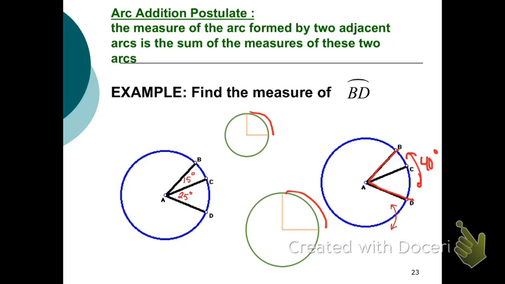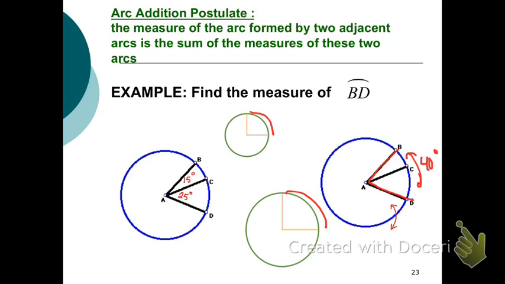Now, one thing to pay attention to when you're talking about the measures of central angles of circles and their respective arcs associated. Do you see here how I have two different circles and I have formed right angles, central angles? Okay? Could you say that those two arcs have the same measure?